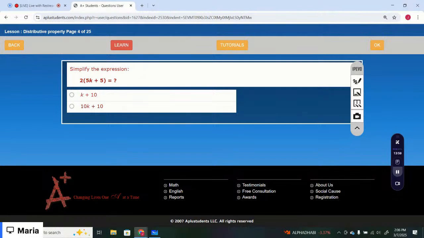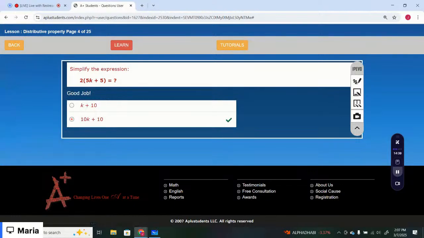Two times 5k plus 5. Option number 2 is the correct option. 10k plus 10 is the correct option.